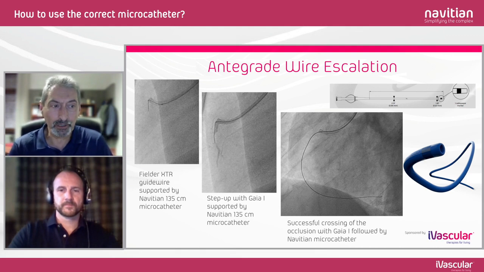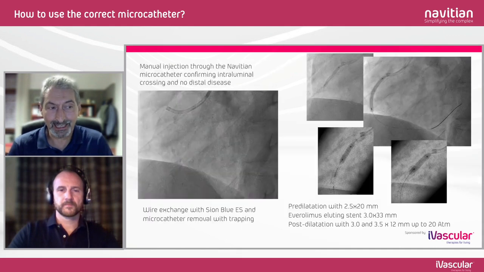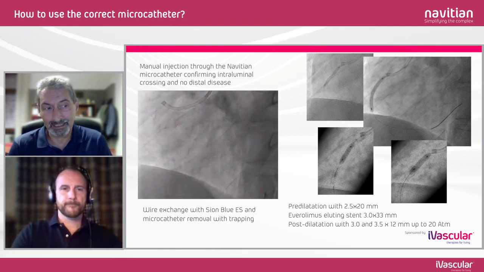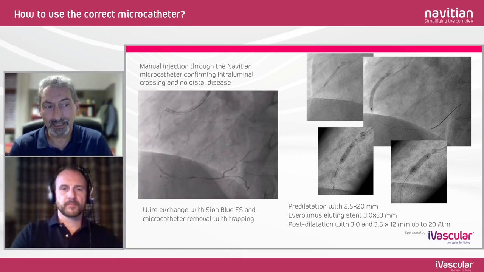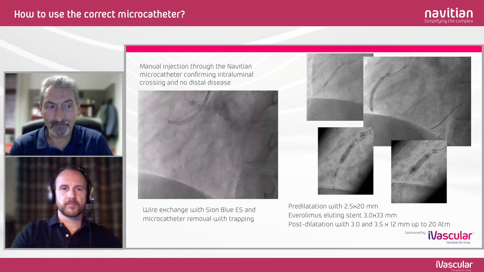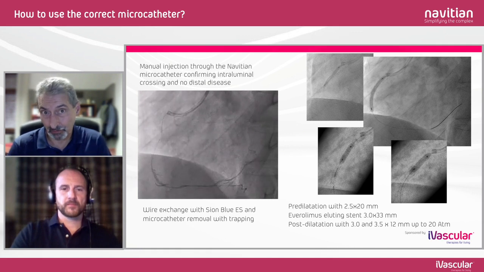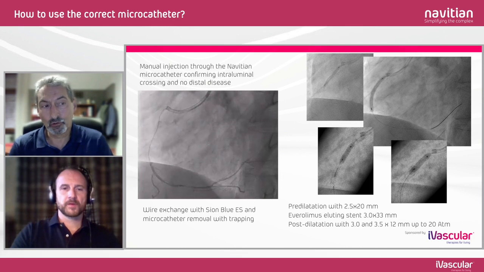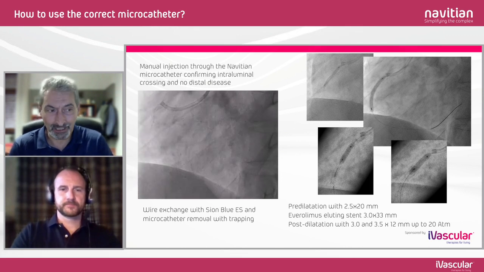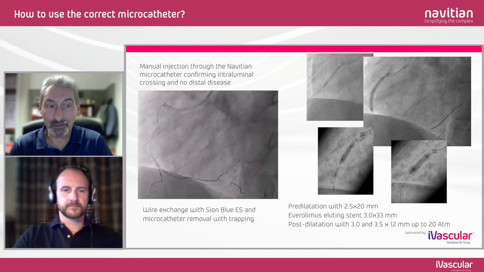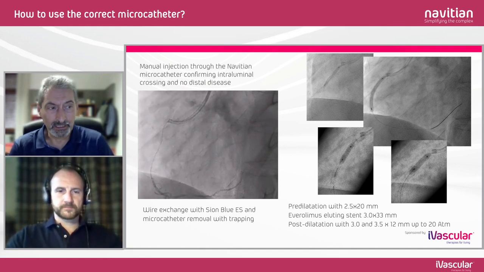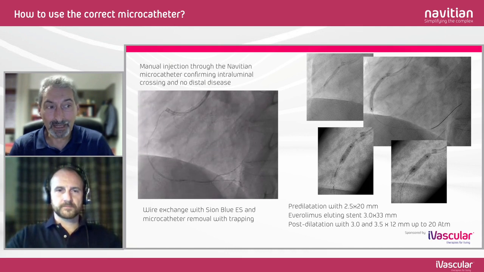At this point, it was obvious that I was at the distal end of the occlusion, but I injected to see the distal branches very well. And since I like to have a relatively supportive wire, I chose a Sion Blue ES to go into a large branch rather than a super small distal artery. At that point, I could retrieve the microcatheter.